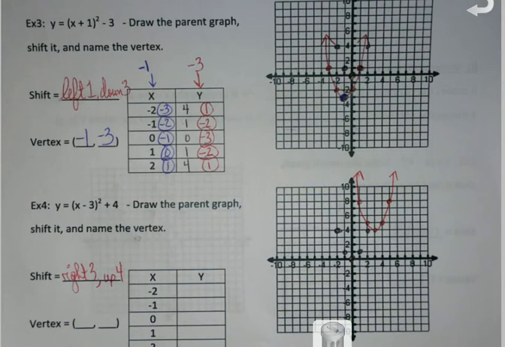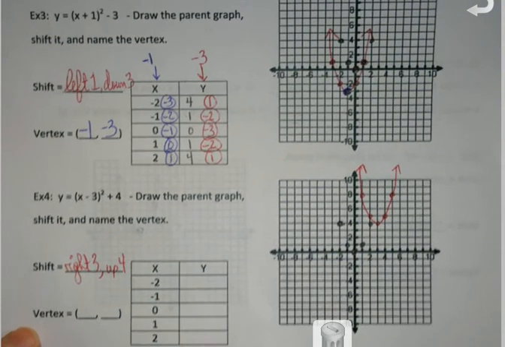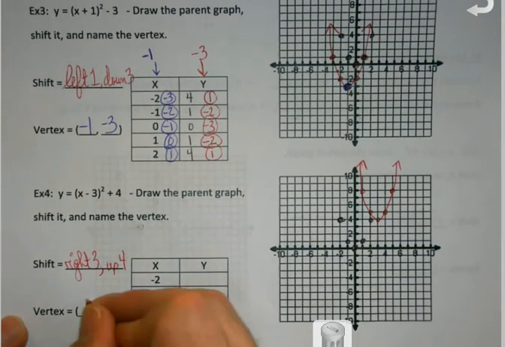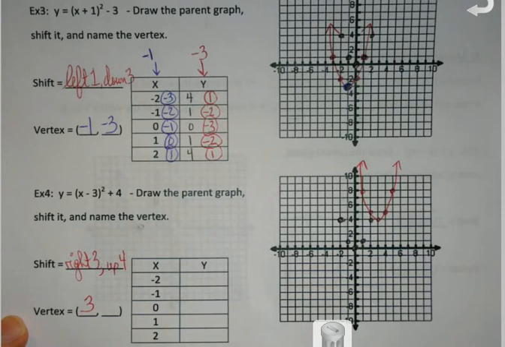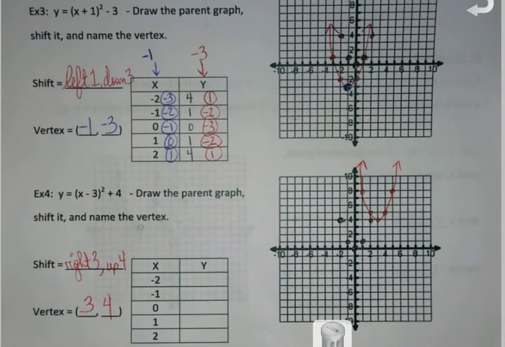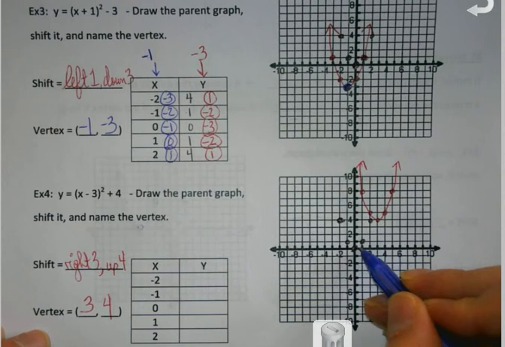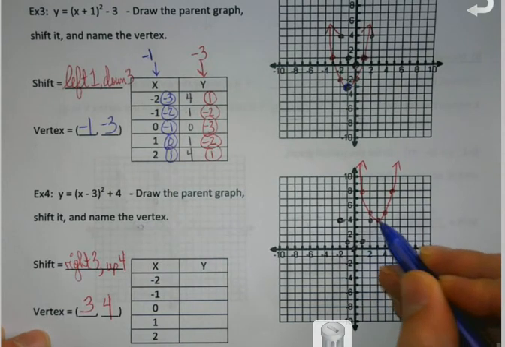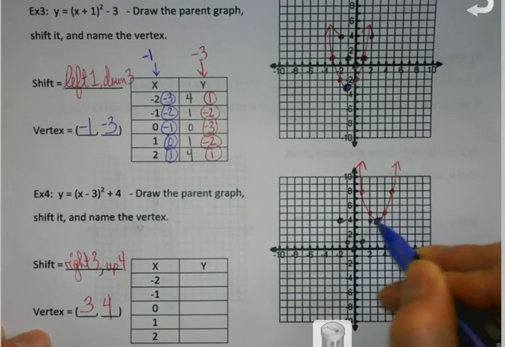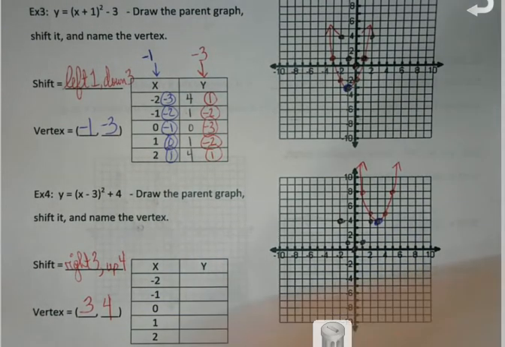And then I do the same thing to figure out my vertex. If I start at 0 and I go right 3, that's going to be 3. If I start at y = 0 and go up 4, that's at 4. Let's see if I'm right. 1, 2, 3, 1, 2, 3, 4. There's my vertex. I'm good.